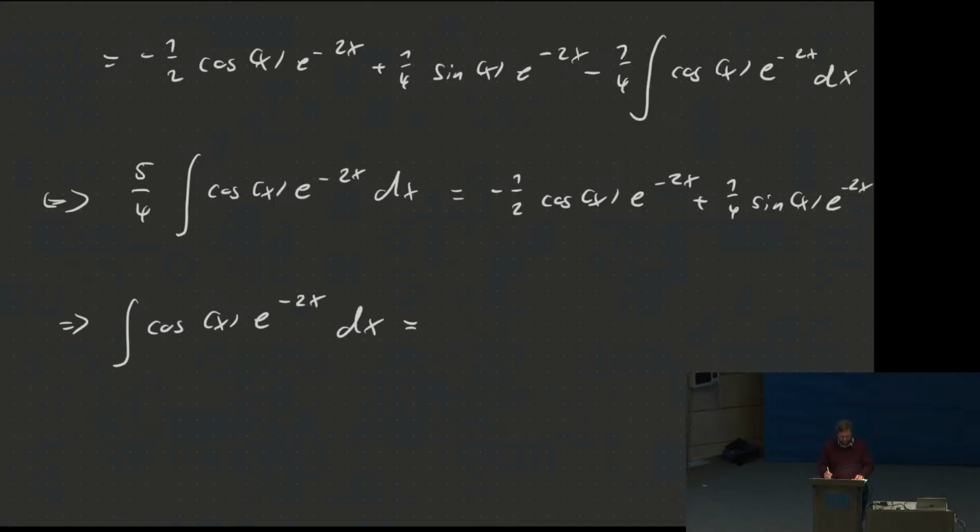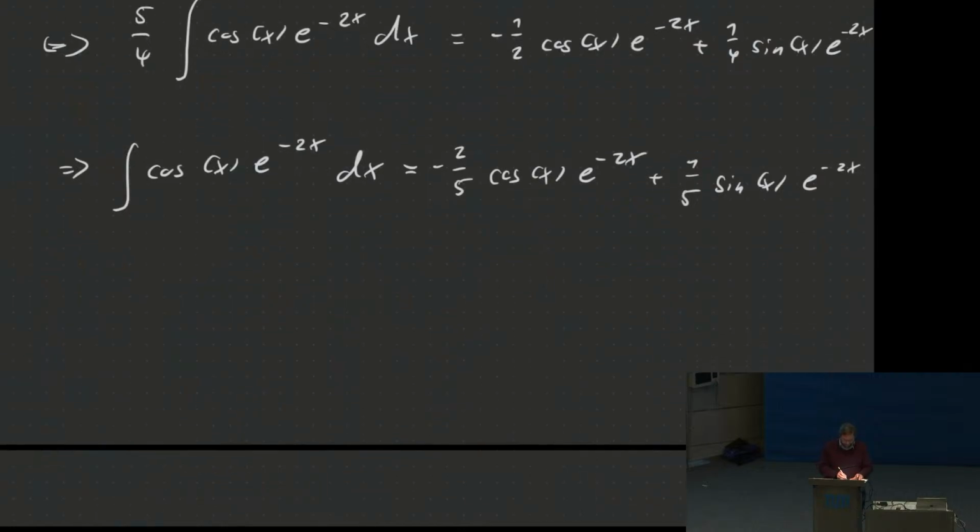So in the end, if I multiply this by 4 over 5, what I get is minus 2 over 5 cosine x e to the power of minus 2x, and then plus 1 over 5 sine x e to the minus 2x.